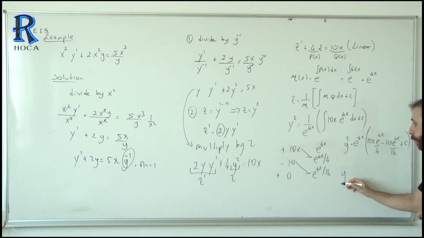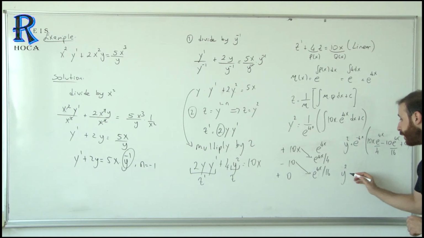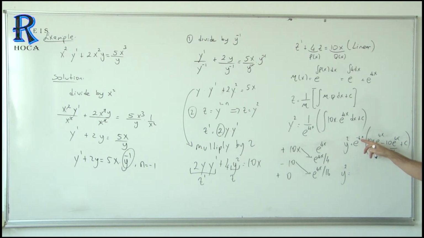Let's continue. y squared equals e to the minus 4x times e to the 4x, which cancel, 10x over 4, and 10x over 4 is 5x over 2. And here e to the 4x, e to the minus 4x cancel, minus 10 over 16, which is minus 5 over 8. And if you multiply, c times e to the minus 4x.